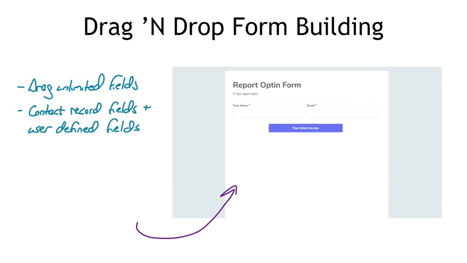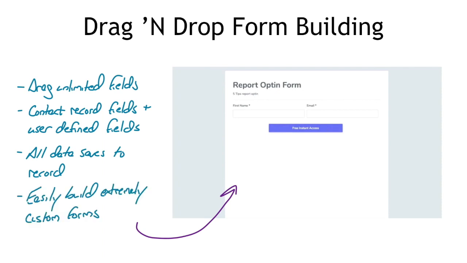All contact record fields and user defined fields are available to be dragged in. There's no weird contact mapping. You don't need to map a form through an API or a Zapier API back to your CRM. And it saves all the data to the contact record. Then you can easily build extremely custom forms.